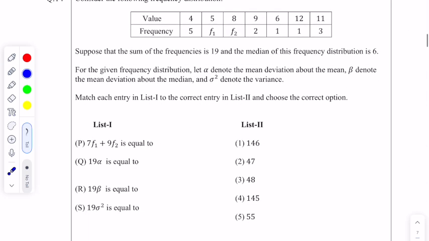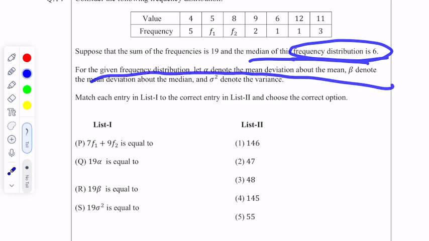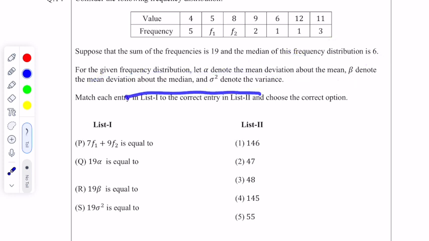We have got a statistics question this time. So let's go through this question. Suppose the sum of frequencies is 19, the median is this frequency distribution, 6. This denotes alpha and beta, the mean deviation, variance. Okay guys, I think it's a straightforward question.